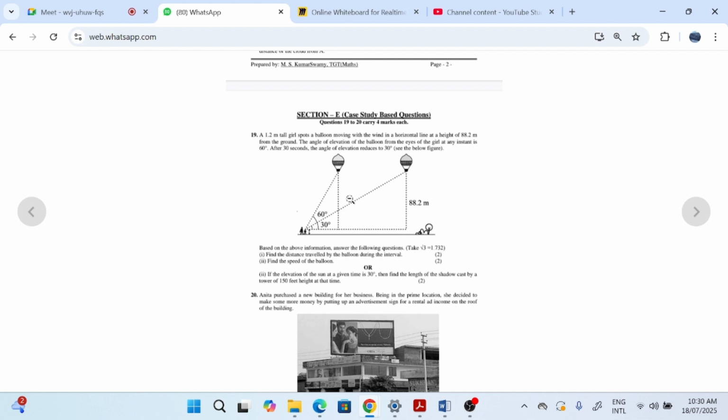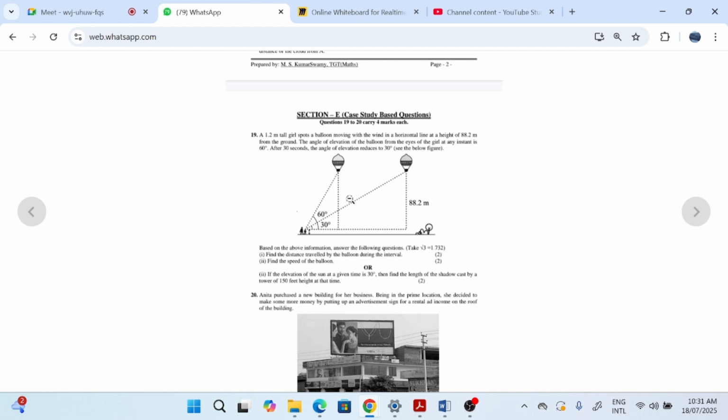Did you all complete the 19th question? Can we discuss the answer? Yes, ma'am, done with the work. No issue on mine. In the 19th question, a girl spots a balloon moving with the wind, horizontal.